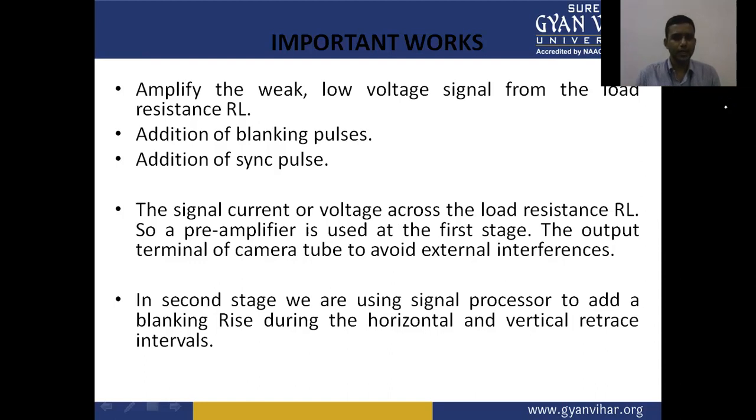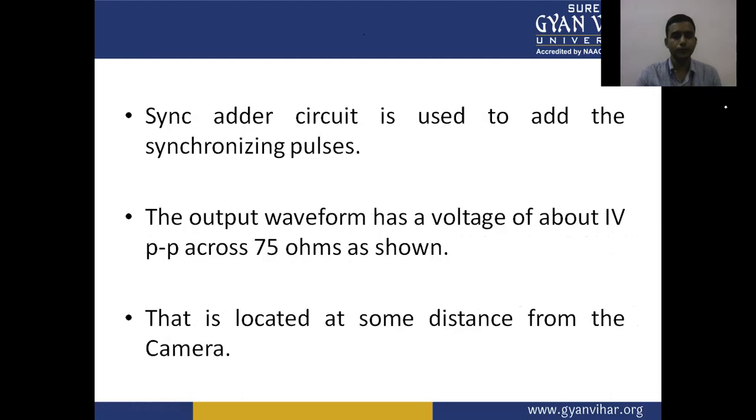A preamplifier is used at the first stage, at the output terminal of the camera tube, to avoid external interference. In the second stage, we use the signal processor to add blanking during the horizontal and vertical trace intervals. A sync adder circuit is used to add the synchronizing pulses.